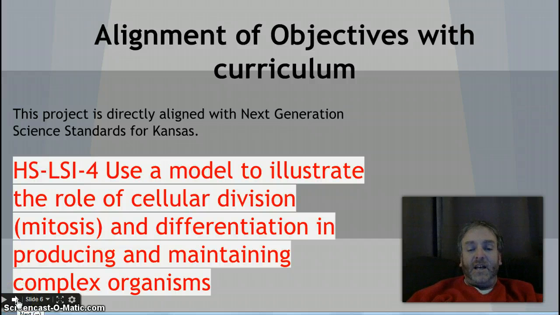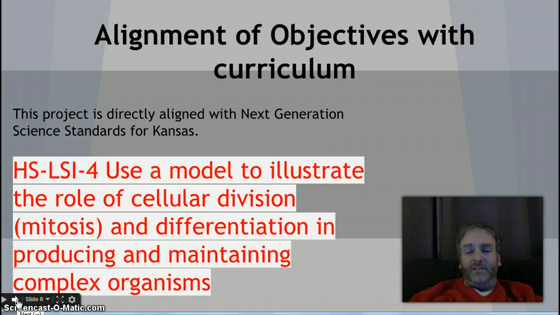And this assignment is directly related to one of the standards for high school life science. And this right here is the standard. I copied it right from the standards that I went to the KSDE website and got this. And here it is. Use a model to illustrate the role of cellular division, mitosis, in differentiation in producing and maintaining complex organisms.